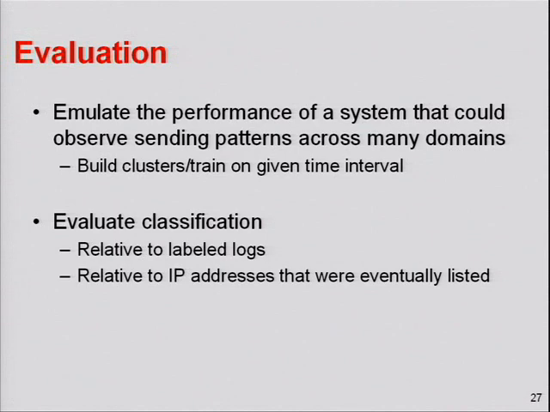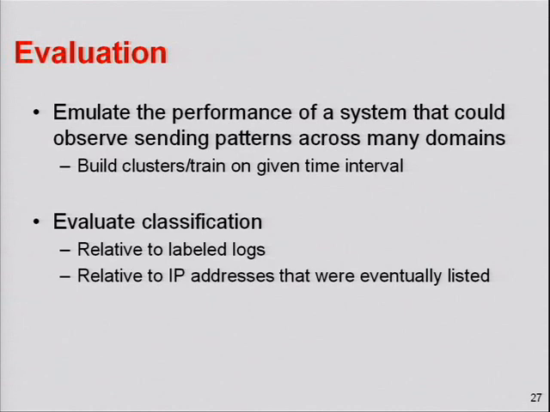Okay, so we basically did this evaluation relative to some logs that were labeled, and the way that they were labeled was, they were postfix logs that said, for each line, they of course provided all the information we needed as far as timestamp and sender and recipient domain, but they also said whether or not the mail was accepted for delivery or rejected, right? So if we know that it's rejected immediately, then we can be pretty confident that those are spammers.